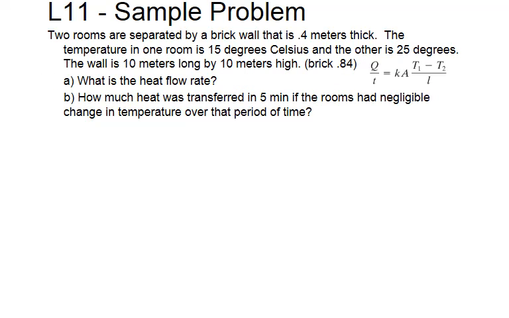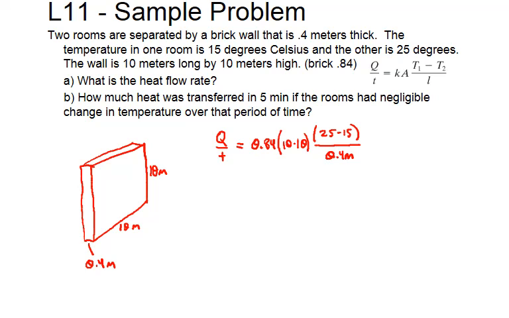All right, so here's our wall, 10 by 10, 0.4 meters thick, and we end up getting a heat flow rate of 2100 watts, or 2100 joules every second. So that's how many joules every second are going through. In 5 minutes, we know power is how much energy in a period of time.